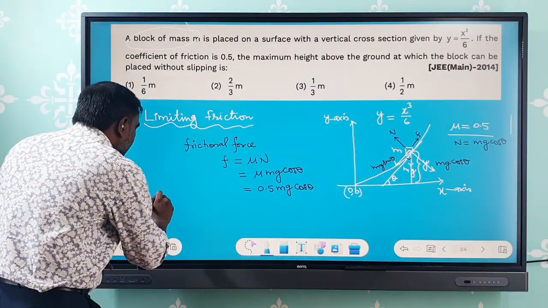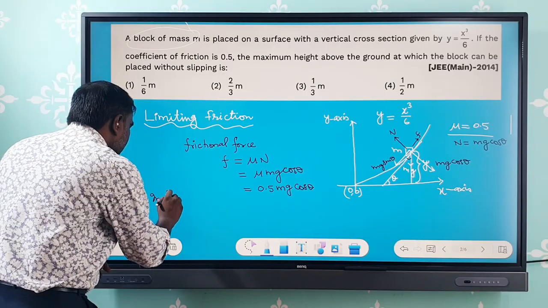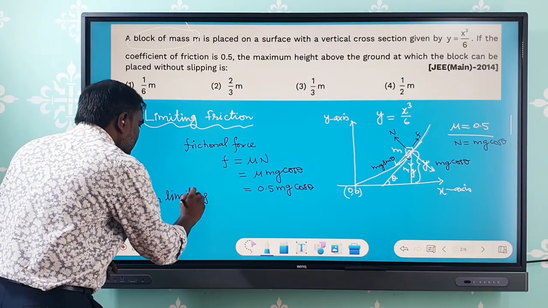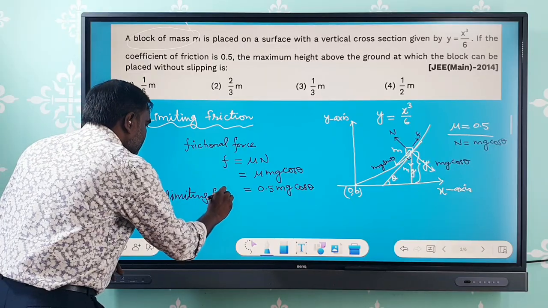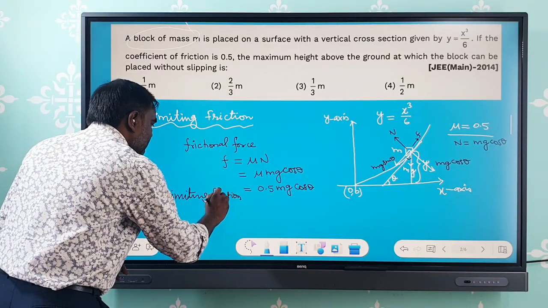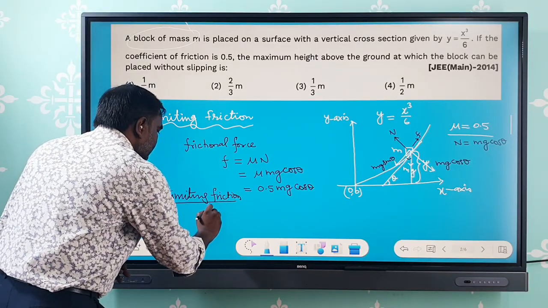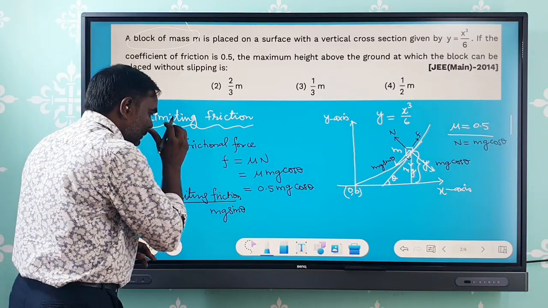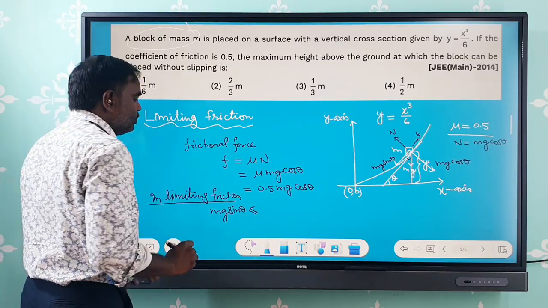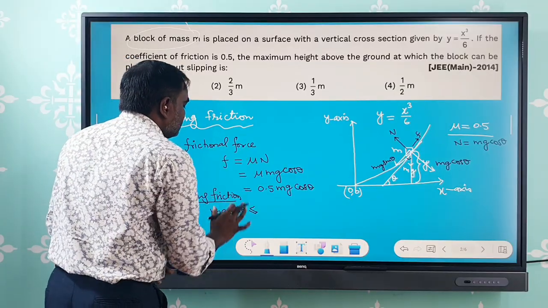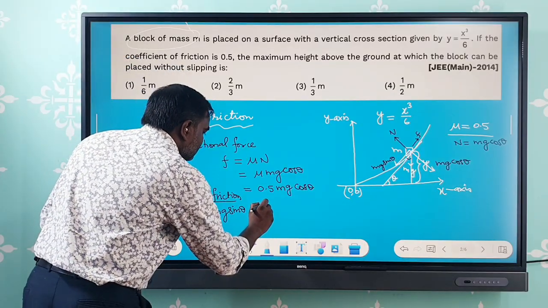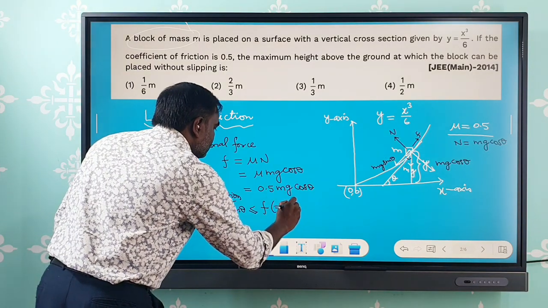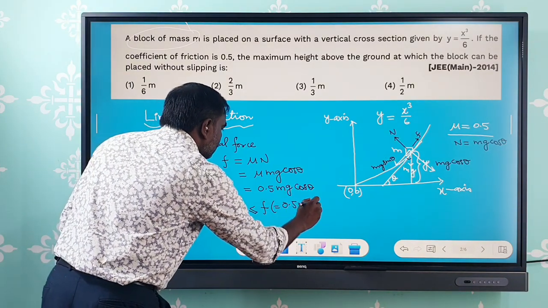So in the limiting friction case, mg sin theta should be less than or equal to this friction, that is F equal to 0.5 mg cos theta.